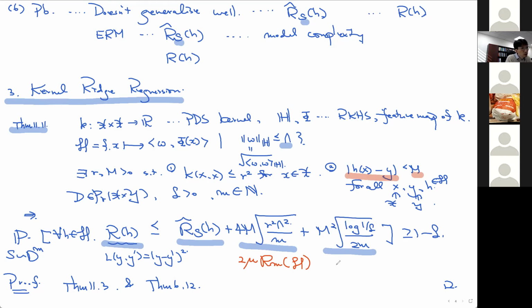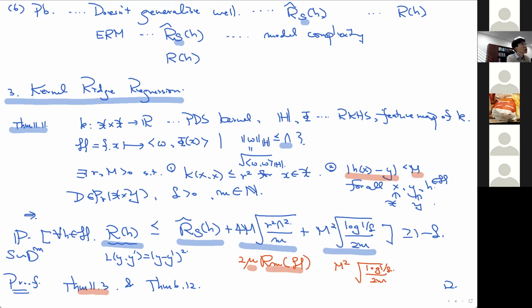So our theorem will say this is the same, M squared times the square root of log 1 over delta over 2m. That's what theorem 11.3 tells us, the generalization bound in this context. But then what we have to do is replace this mu, which is the Lipschitz constant of our loss function, and then the Rademacher complexity. Our loss function is this guy.